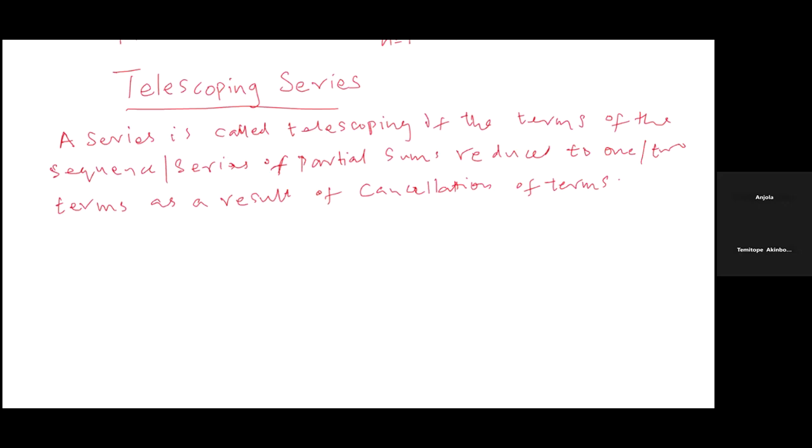So when that happens, then you say that that series is a telescoping series. So the cancellation will cause everything or the terms of the sequence or series to reduce to two or one. It will be reduced to something that can easily be determined to work on, so to say.